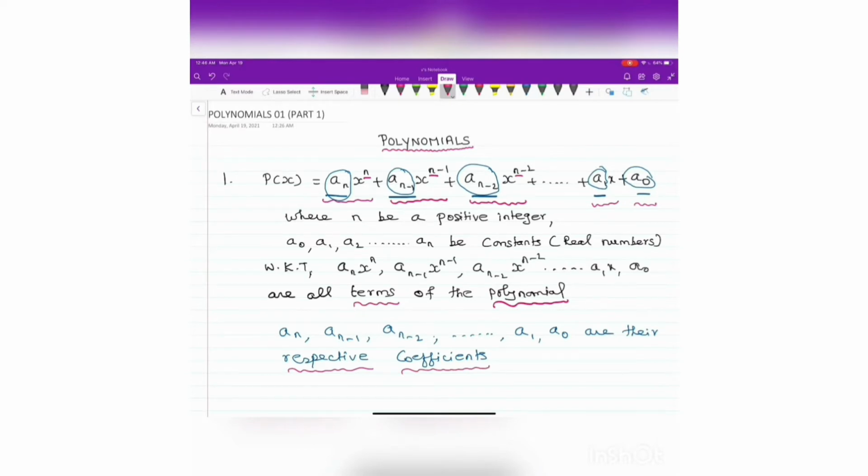The coefficient of x power n is an. The coefficient of x power n minus 1 is an minus 1. Same way, the coefficient of x is a1. And of course, this a naught is going to be with x power 0. It's going to be a constant term. So these are the things already you were aware of.